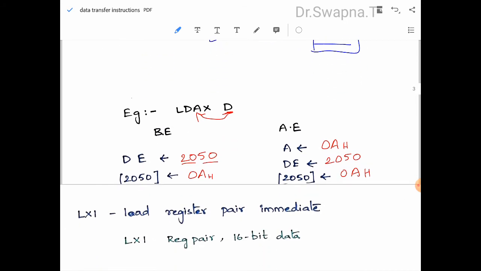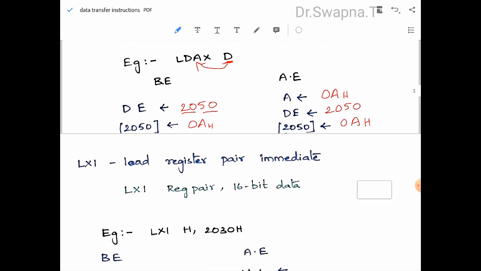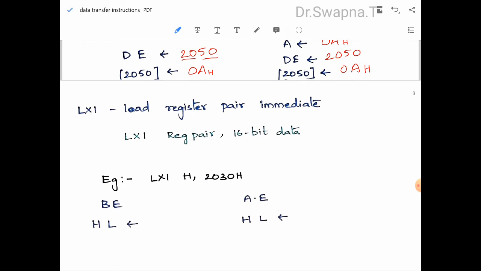Next one, LXI, load register pair immediate. So this instruction loads the 16-bit data into the register pair. So directly the 16-bit data is available in the instruction, or we can also see it as part of the instruction, and it gets copied into the register pair.